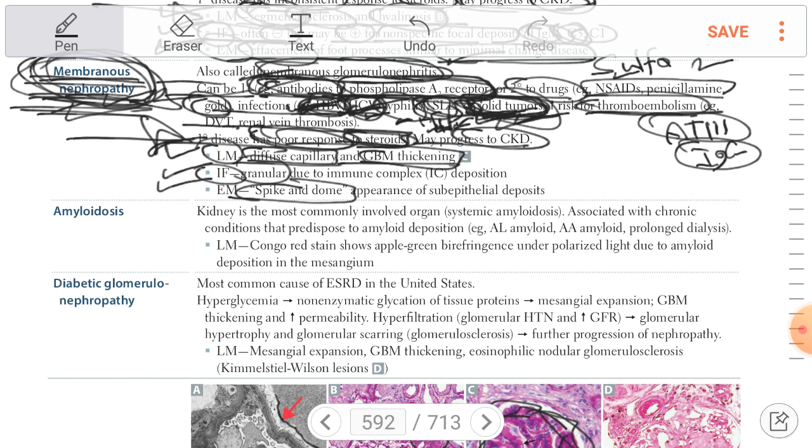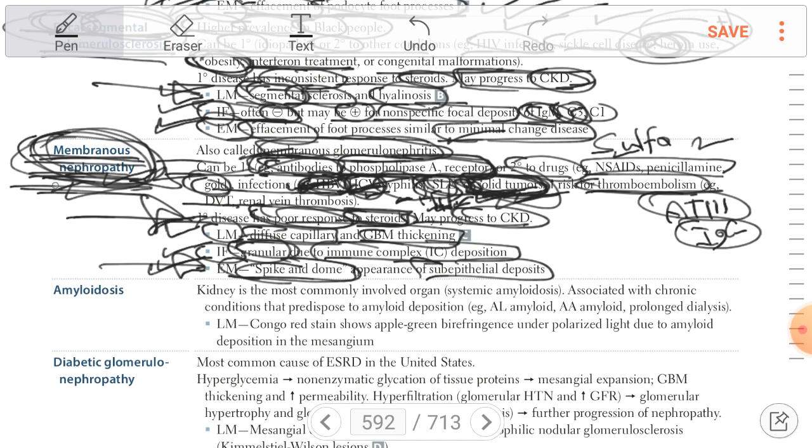Immunofluorescence is granular, because there is immune complex deposition. Electron microscopy is the most important: spike and dome appearance, subepithelial. So you must remember these cases.